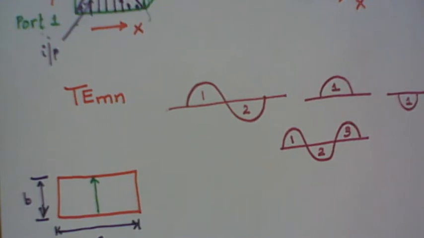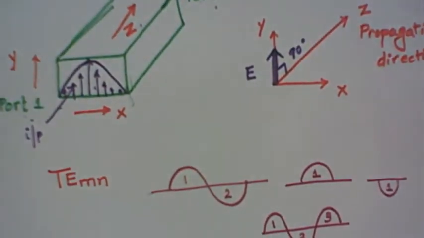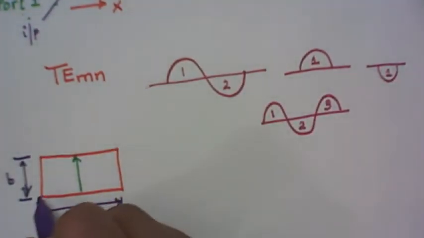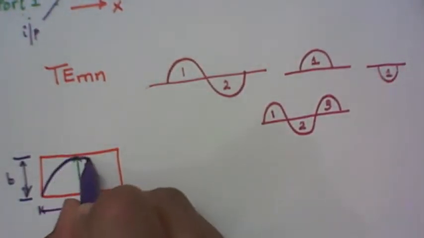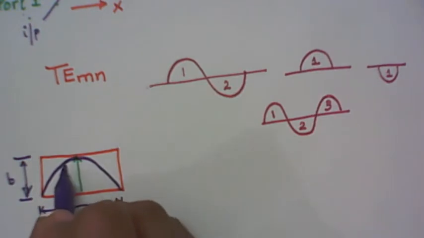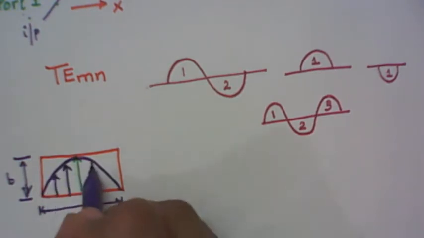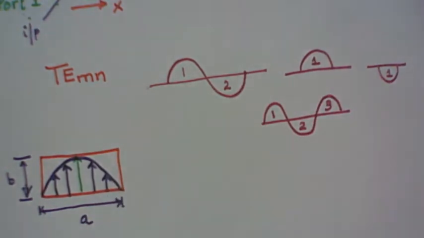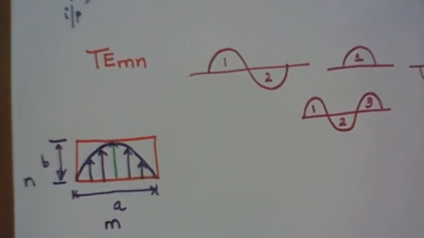If I am taking this example of one half cycle, and if I draw it in a vector form, I get this kind of a figure. Here, M is representing the A dimension and N is representing the B dimension.